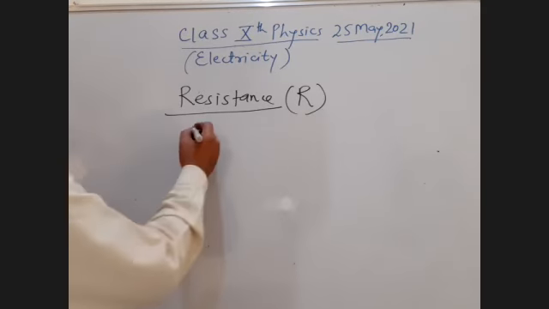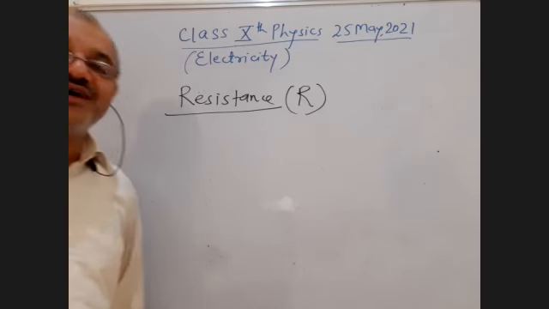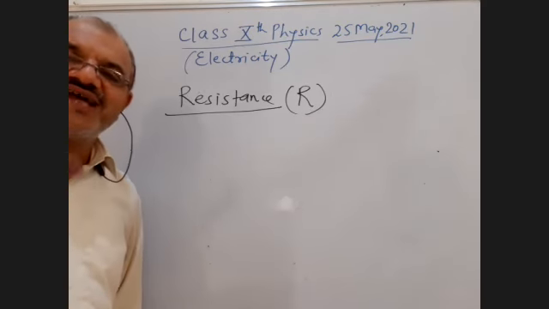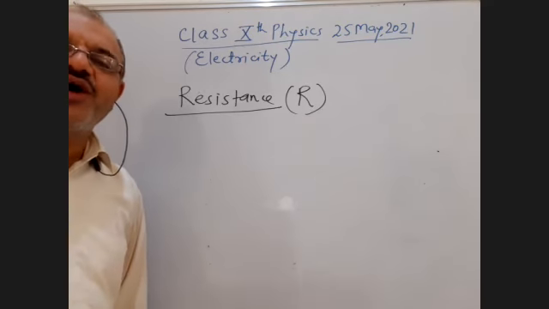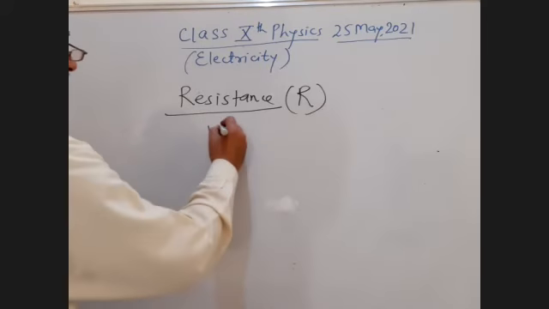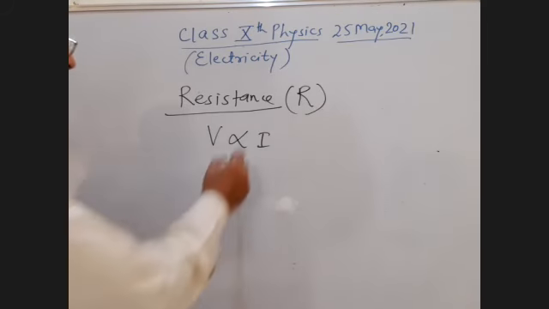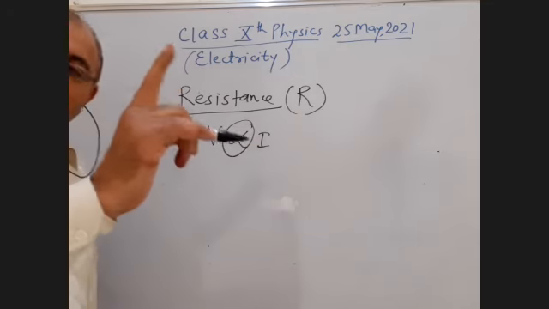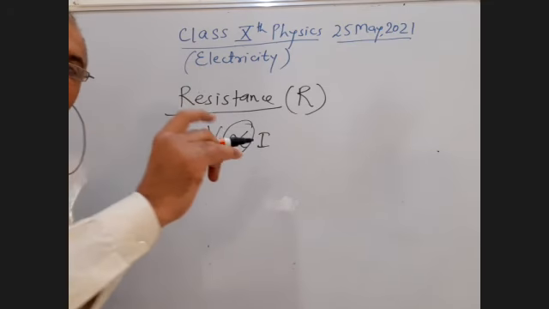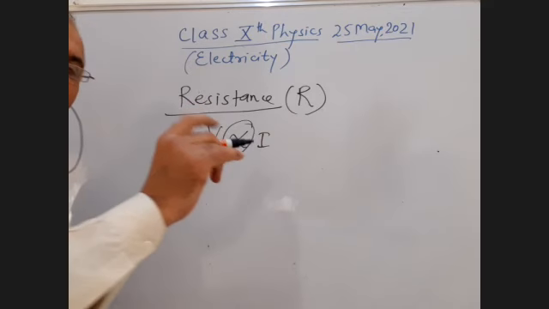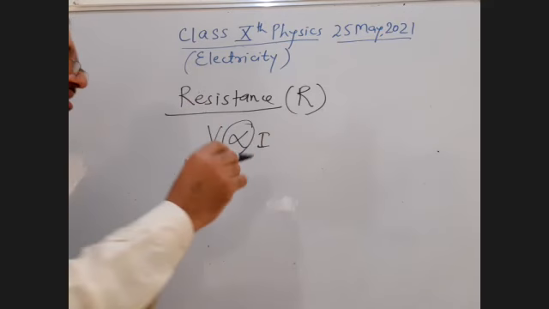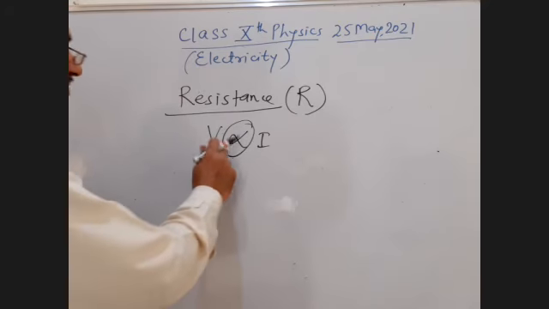Now comes Ohm's law. Ohm's law says that in an electric circuit, the current flowing through the conductor is directly proportional to its potential difference, or potential difference is directly proportional to current, when temperature remains constant.